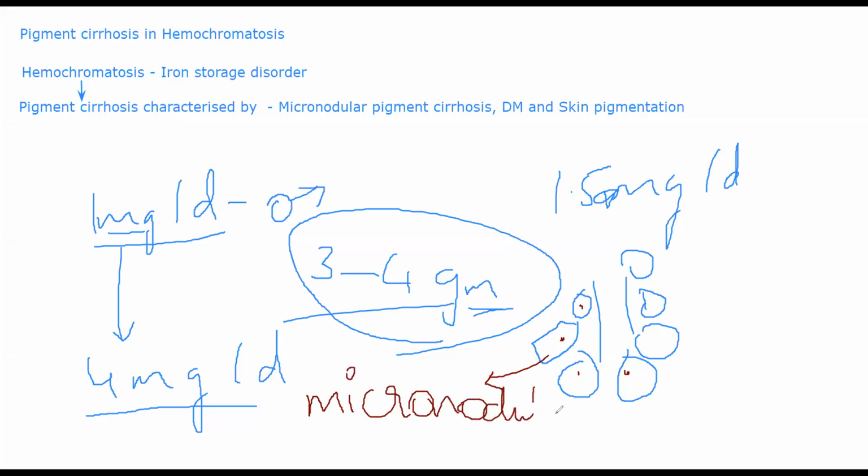Whenever there is micronodular cirrhosis, see how it develops: once pigment comes in, let's suppose pigment is getting accumulated in the hepatocytes inside, okay, it starts causing some damage. Then fibrosis occurs. Fibrin starts getting accumulated. This cycle of damaging and reproducing again and again will cause the formation of nodules. These nodules are very small, but ultimately the overall liver will stop functioning properly. That is where cirrhosis kicks in. That is why it is called micronodular cirrhosis.